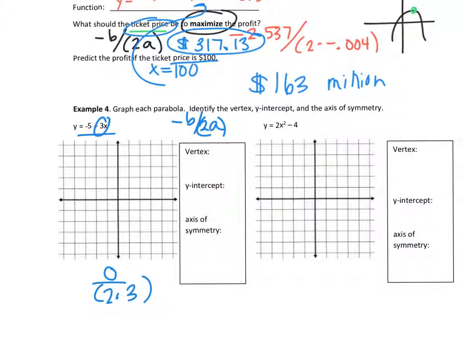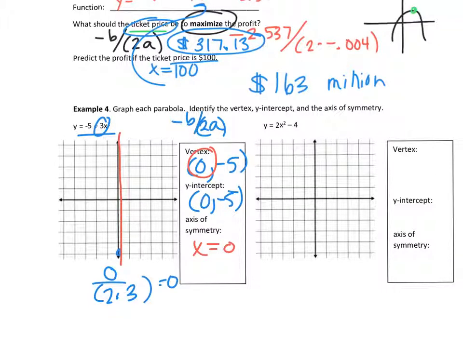So your vertex x is going to be 0, but then you have to plug 0 back in to find the y. If you plug in 0, you get -5. So your vertex is (0, -5). Your y-intercept is also -5 because for the y-intercept you plug in 0 for x. And your axis of symmetry is x equals 0.